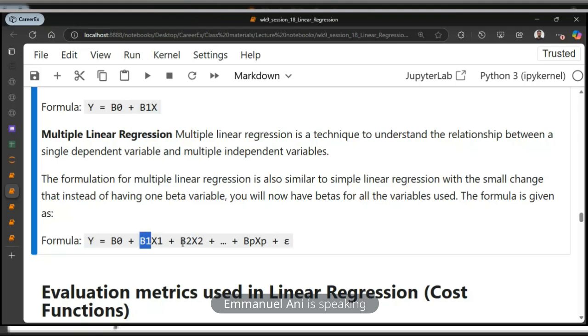So the training process will determine how much weight or value will be assigned to each of your variables to give you a very good prediction. The way you determine a good prediction is that you first randomize, right? You give your coefficients random values at the start of the training, which your algorithm will do on its own.